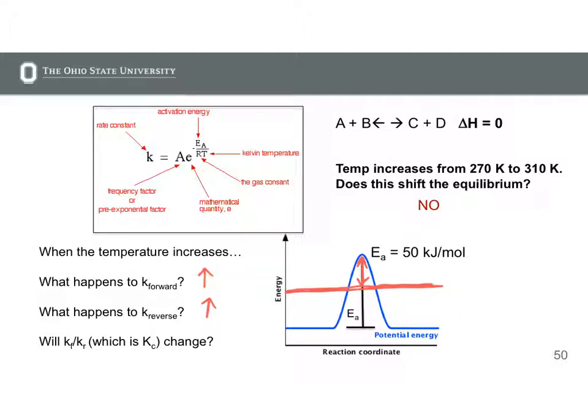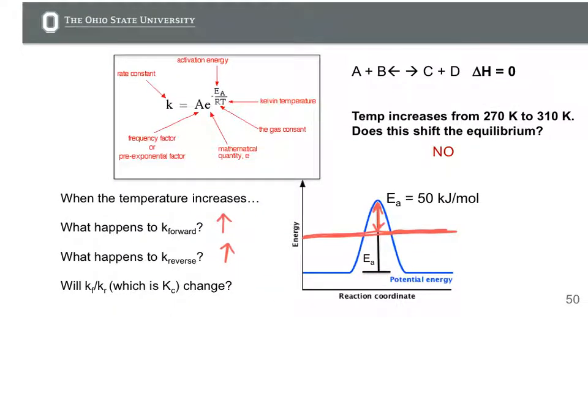Now, remember from the very first lecture on equilibrium, we said that k forward over k reverse is equal to our equilibrium constant K. So in the case where the activation energy for the forward reaction and the reverse reaction is the same, increasing the temperature has no effect because the rates are affected by the same amount.